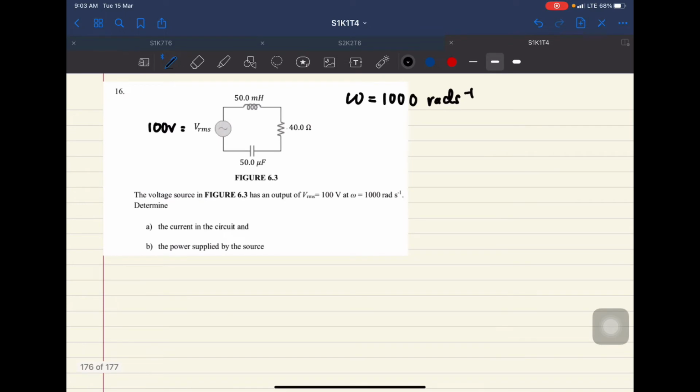So basically, if I want to find current, unless I have a specific V across the inductor, resistor or capacitor, I have to use Vrms there.